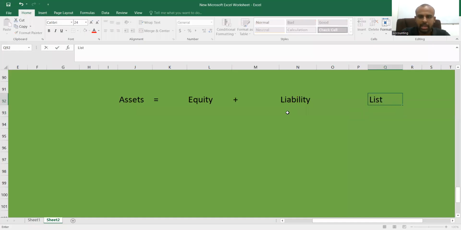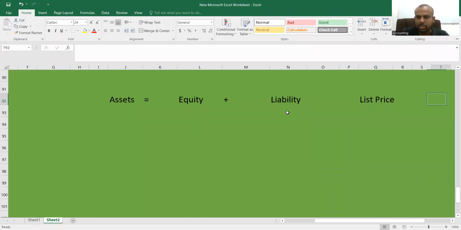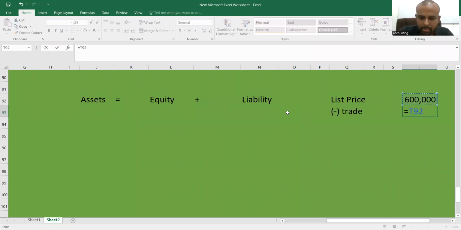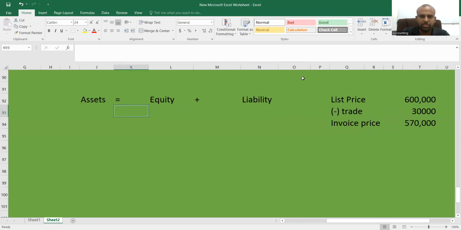No. The list price is rupees 600,000, and we are giving a trade discount of 5%, which is 30,000. And how much is the invoice price? The invoice price comes to rupees 570,000.